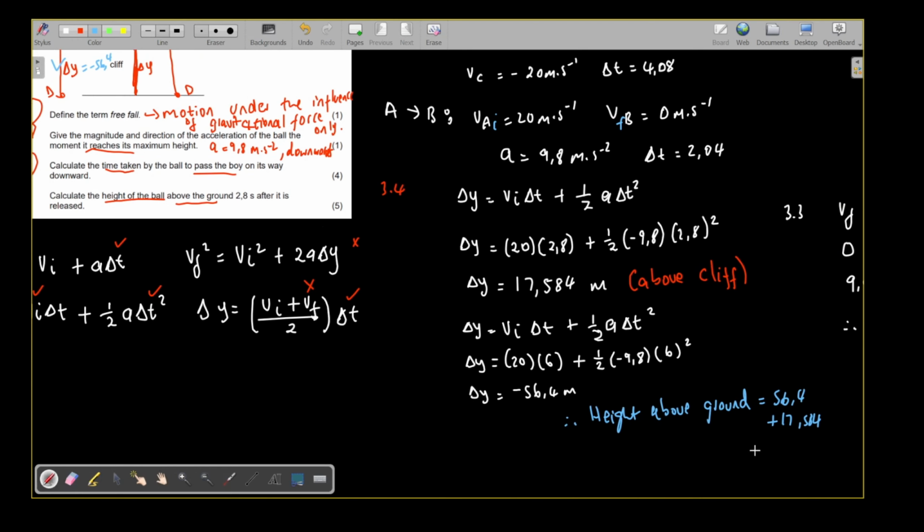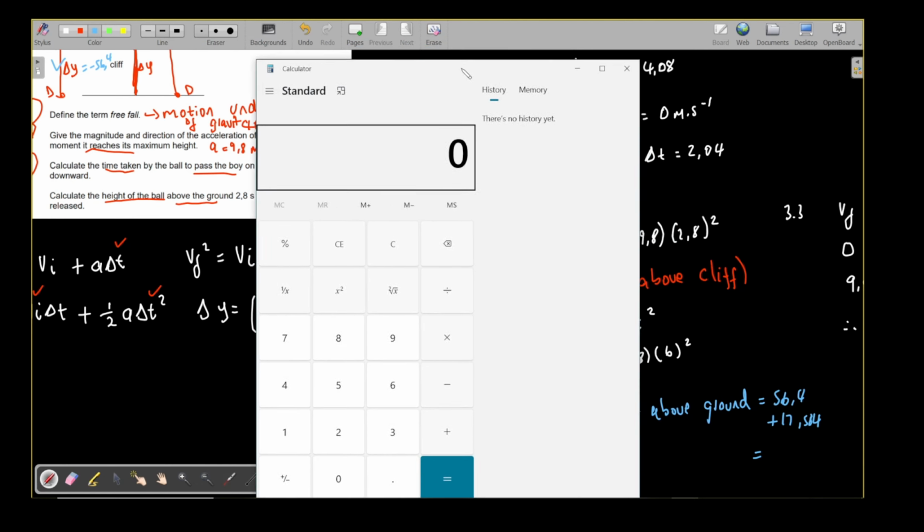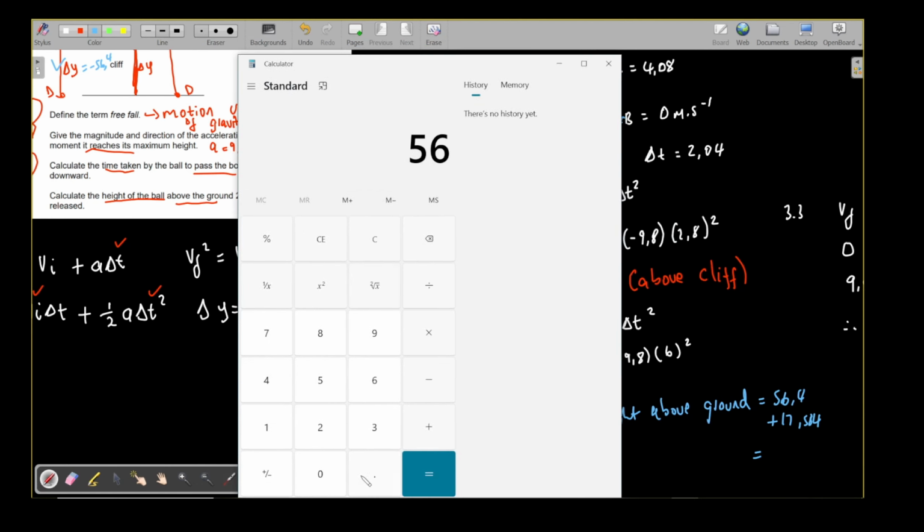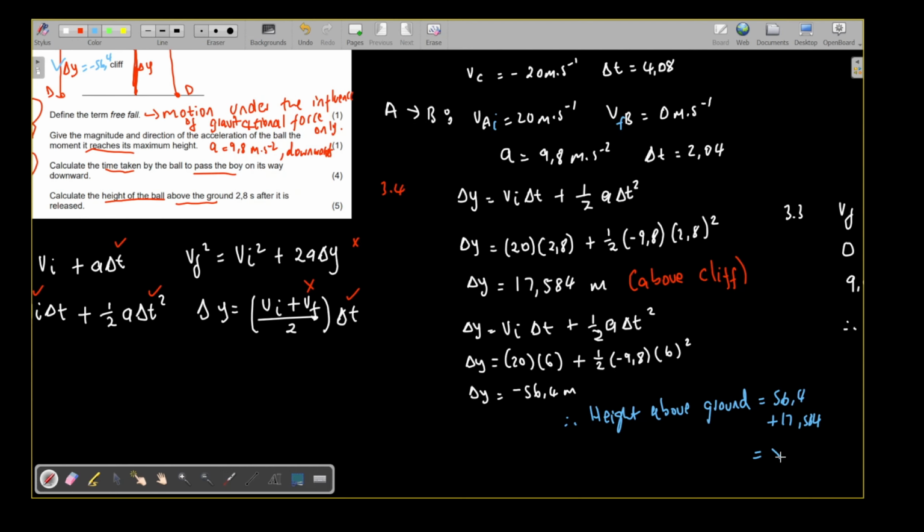Those two things are going to give you the height above the ground. So what do you get as the answer there for the height above the ground? 56.4 plus 17.584. So you get 73.